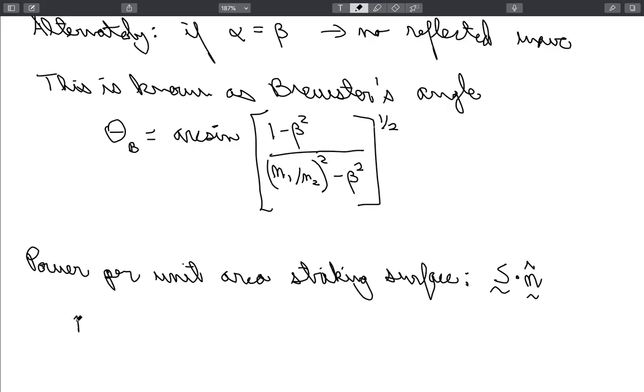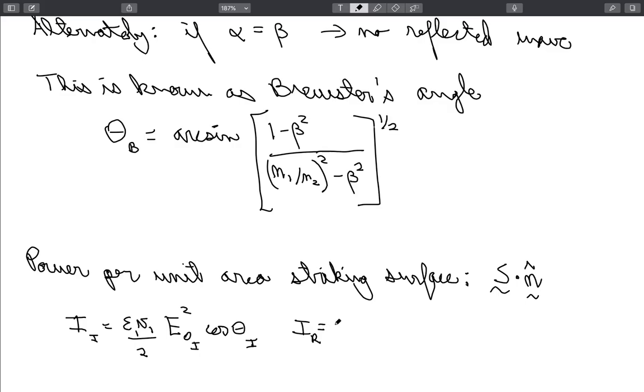So you get that the incident intensity is epsilon 1 v1 over 2 E0I squared with the cosine of theta I, and then similar equations for the reflected and transmitted.